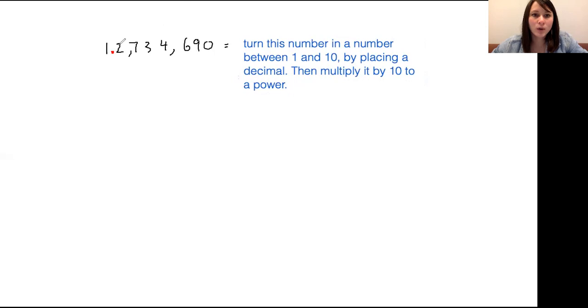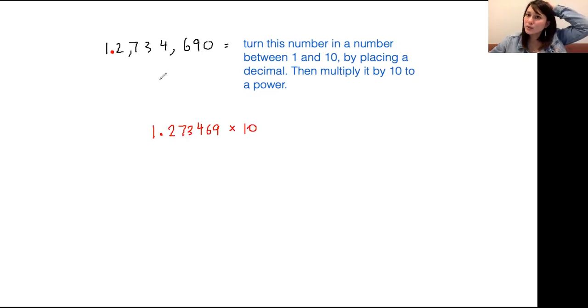So now this is 1.273469, just still a long decimal, right? I'm going to put a decimal to make this a number between 1 and 10, and I'm going to do away with the zeros because those are just placeholders. And I'm going to multiply that by 10 to a power.